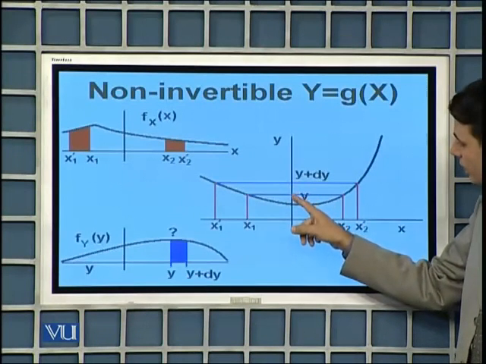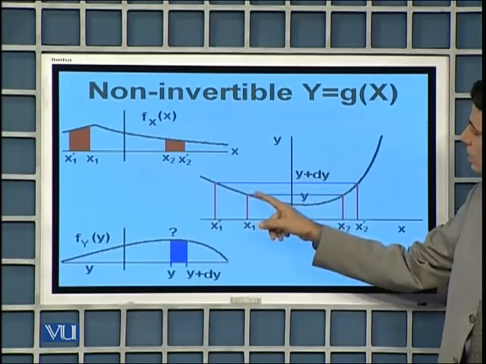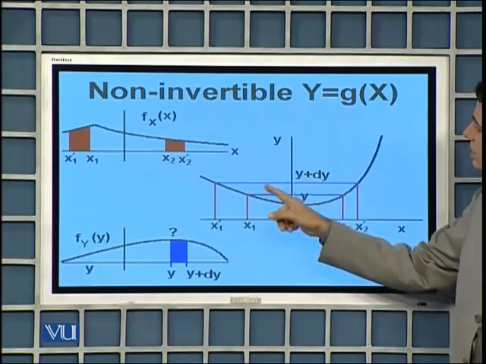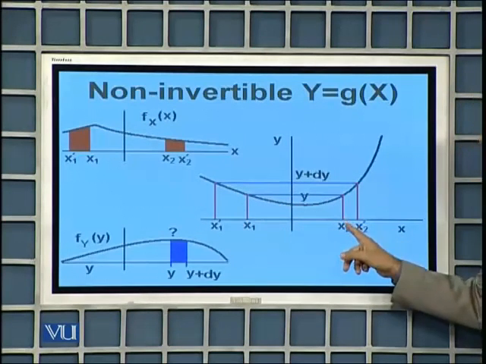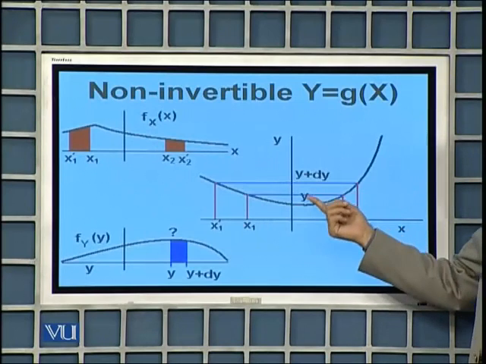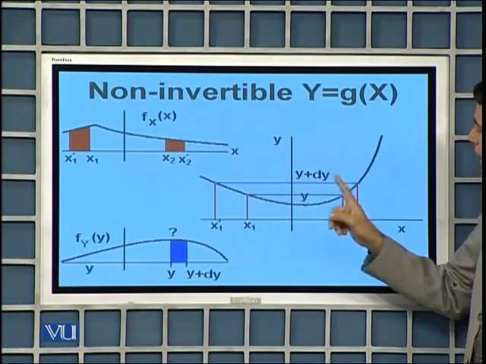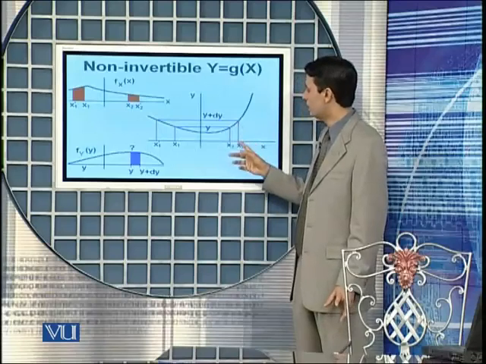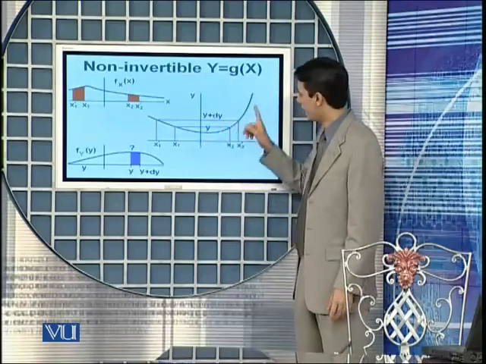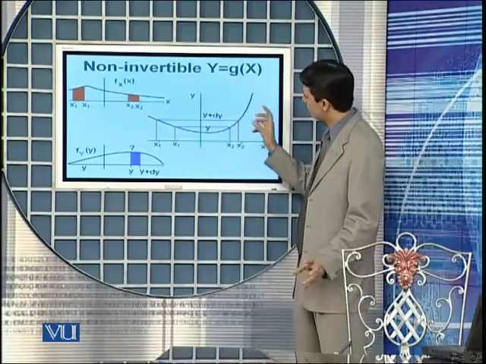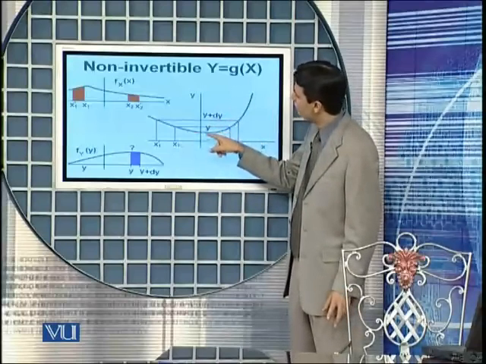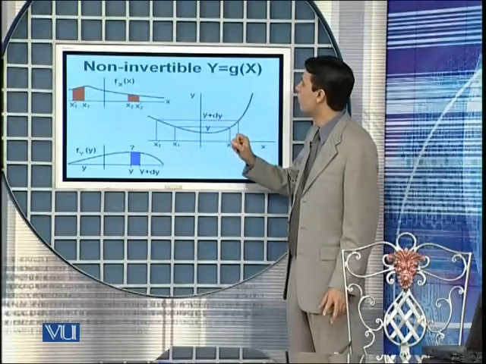So you first put value of y, draw a horizontal blue line and see where it cuts this mapping. It cuts the mapping at x1 and x2. So there are two solutions corresponding to y getting inversely mapped to x1 and x2, or in other words, the original mapping G takes points x1 and x2, and when mapping G is applied to x1 and x2, the result of both operations is equal to y.